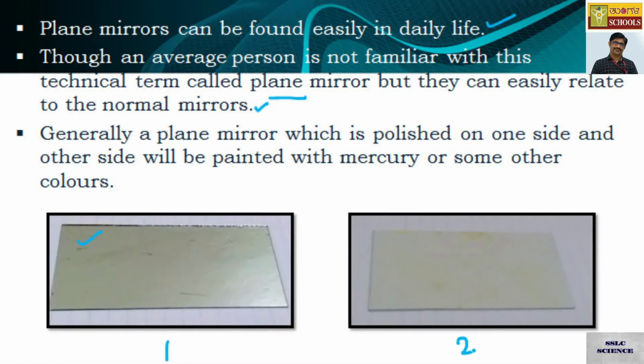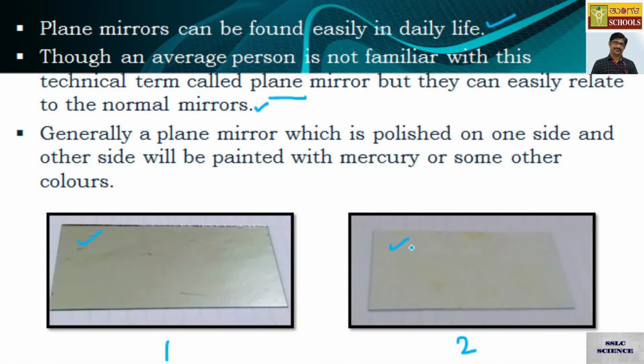In the second picture, this is the painted portion, the other side of the mirror. So I can say easily that a plane mirror has two sides. One is polished and the other one is painted.